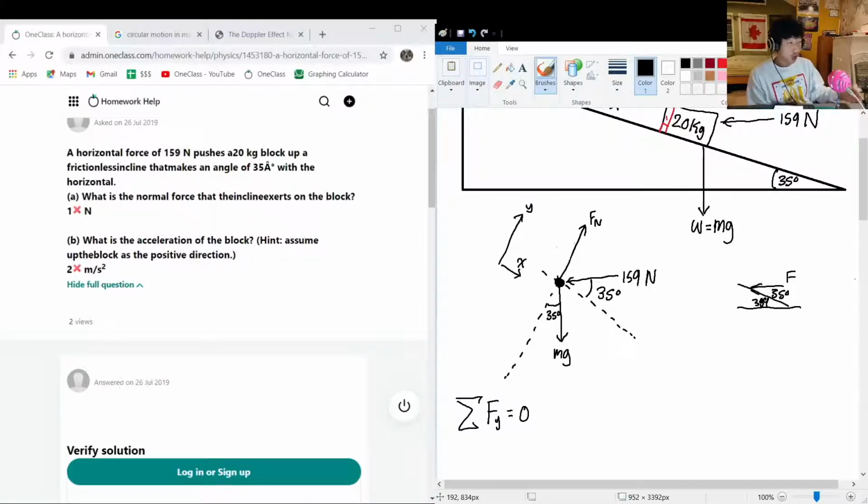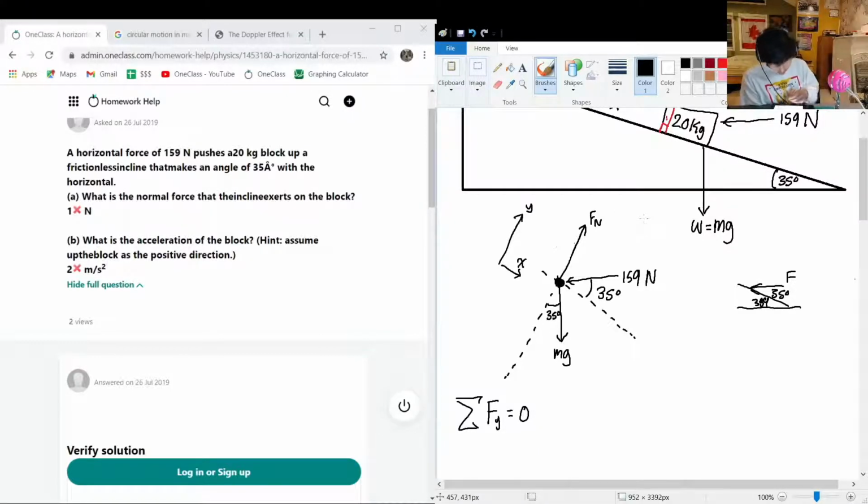If the y forces were not 0, it would be lifted off or pushed deeper into the ramp itself. And we're going to assume that the ramp does not curve or deform in any way that would allow things to be pushed into it. So we have to have a 0 y force.